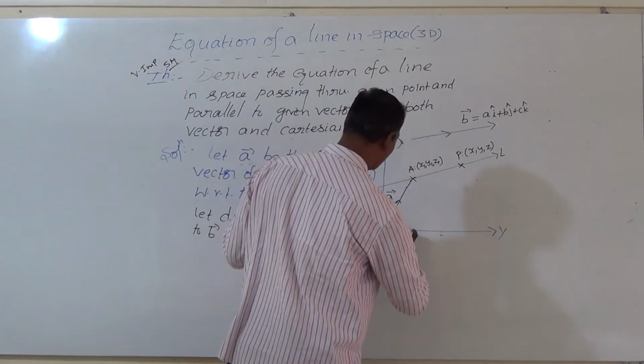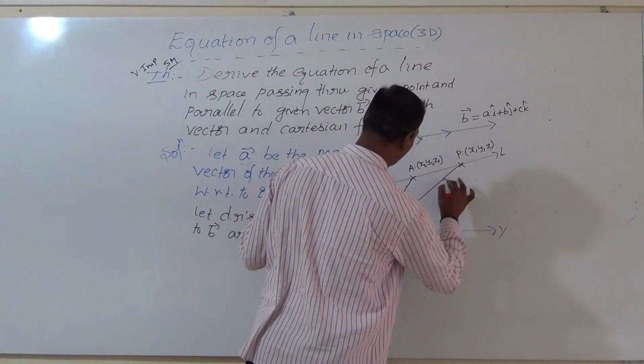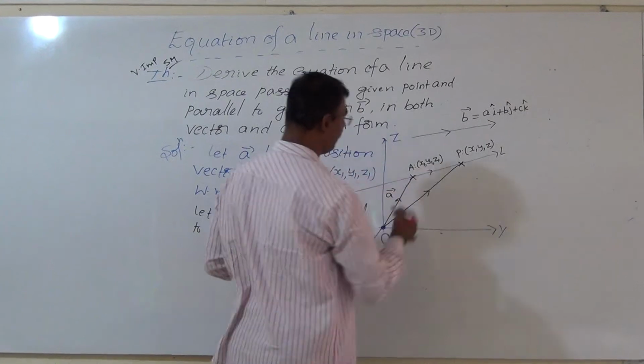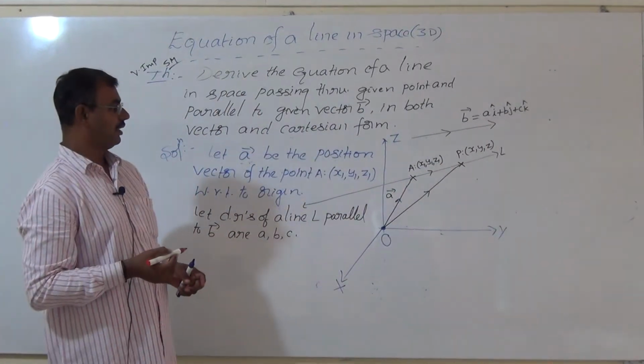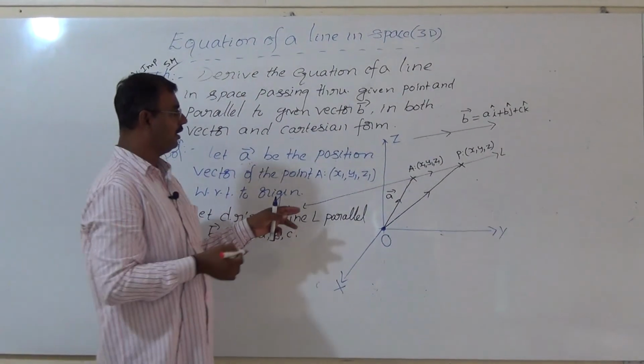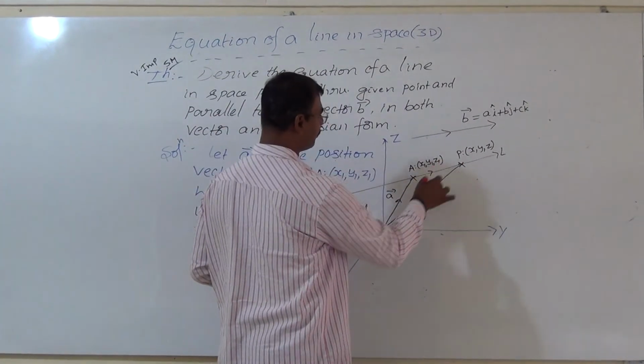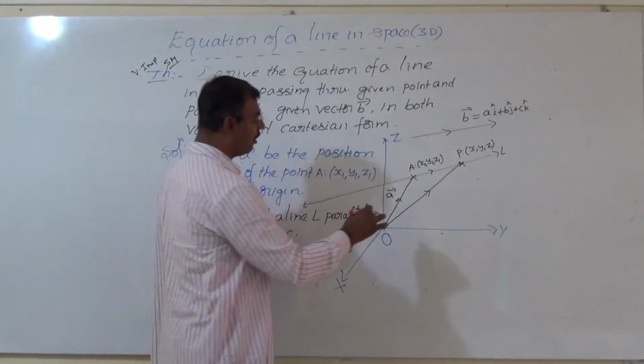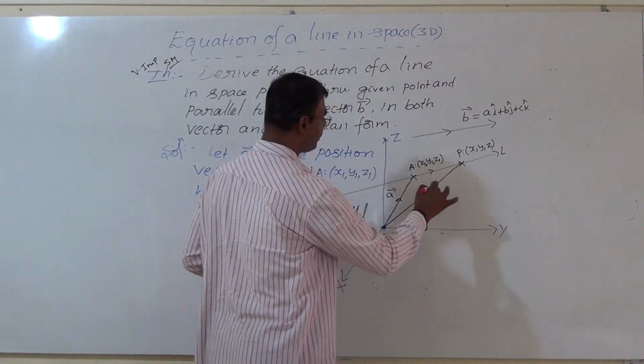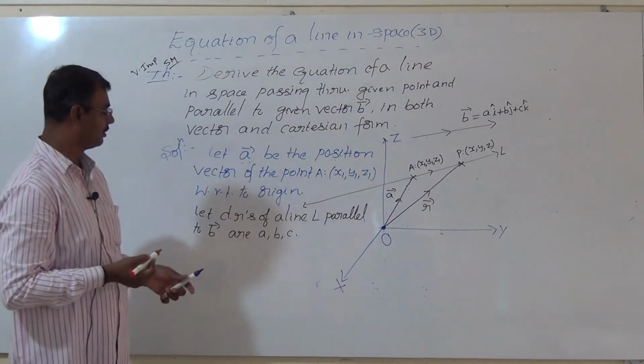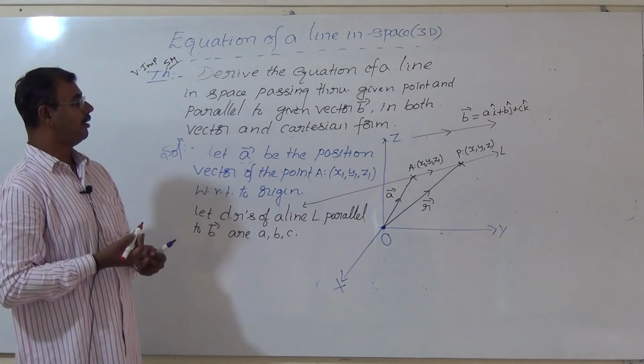Now join OP. Let R bar be the position vector of the point P.